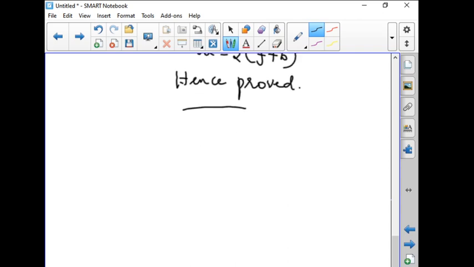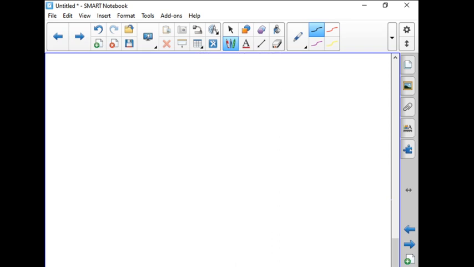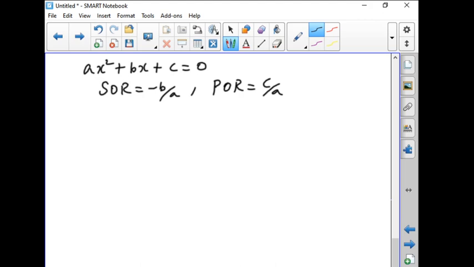And next we are going to see about the nature of the roots. You have seen the nature of the roots already, but you didn't know how to say how many points the parabola intersects at. So I am going to make a table for this. For ax square plus bx plus c equal to 0, the sum of the roots is minus b by a, the product of the roots is c by a, and the value of x is minus b plus or minus root of b square minus 4ac divided by 2a.